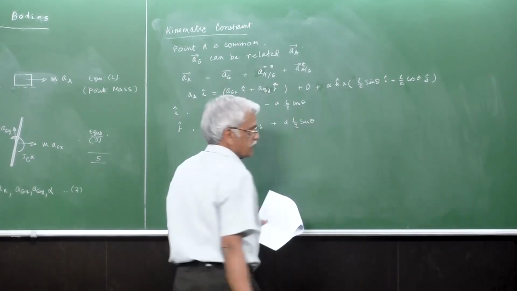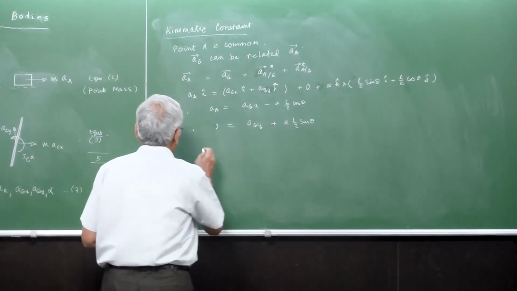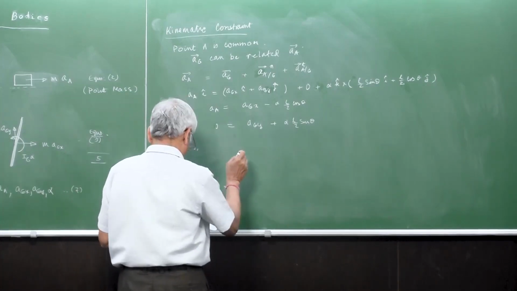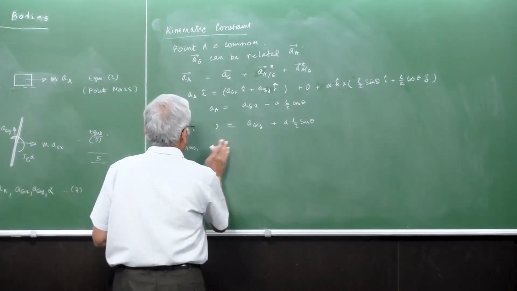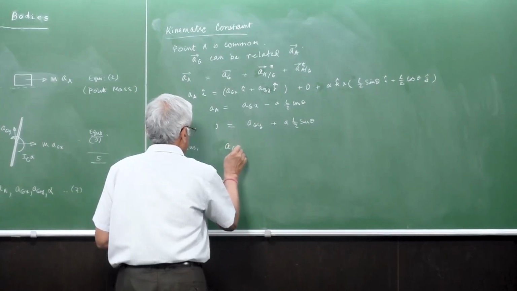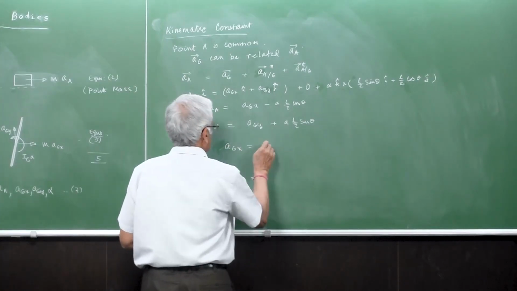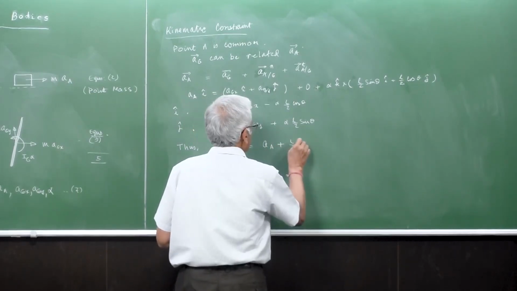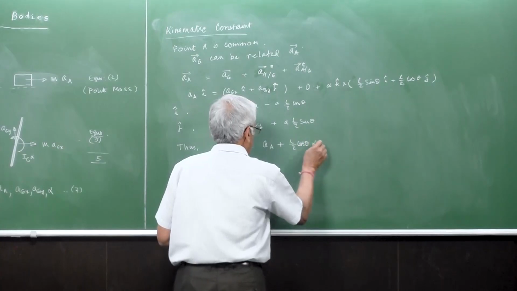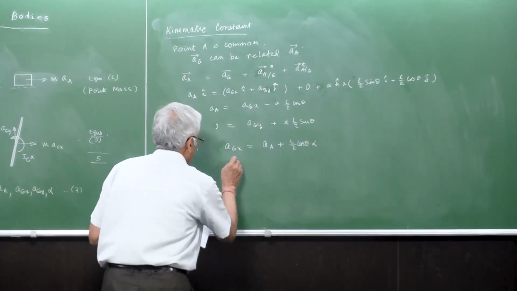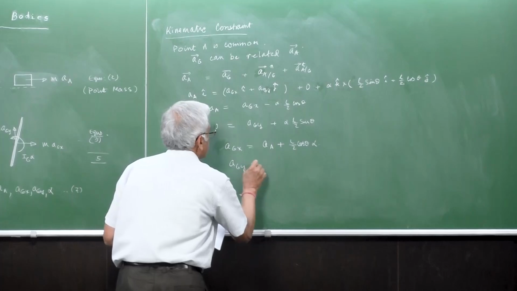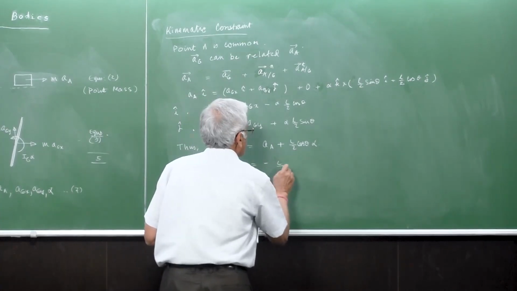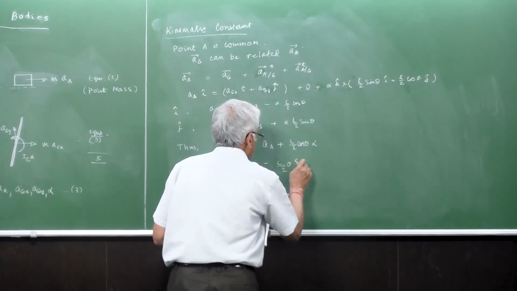This is k cross i is j. Thus we require a_G, which is nothing but a_Gx is a plus L by 2 cos theta times alpha, and a_Gy is minus L by 2 times alpha sin theta.